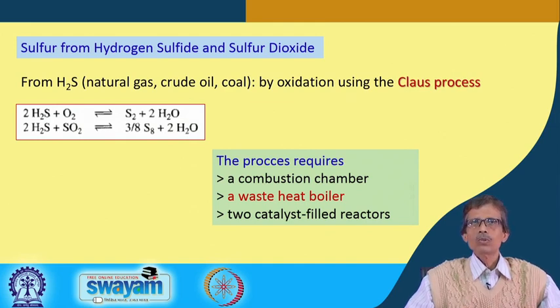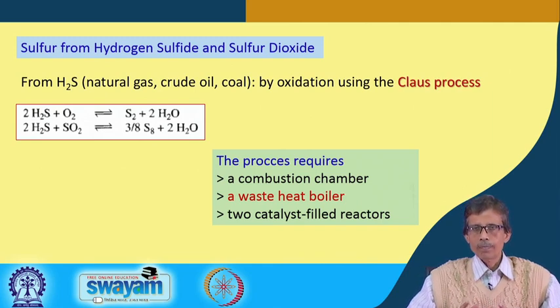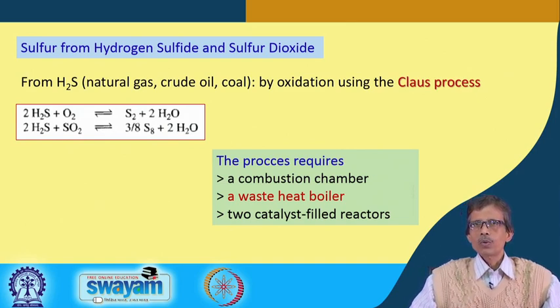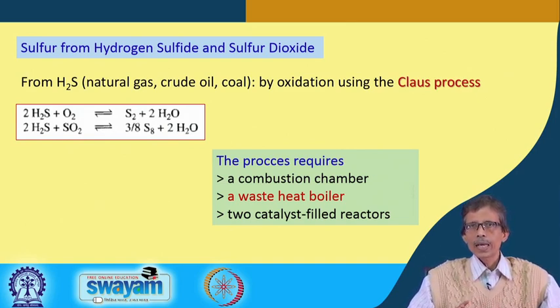We can pass that H2S through a reaction chamber where it will be oxidized simply by air or the O2 present in air. So, a simple oxidation chamber through which H2S can pass will convert the entire H2S to elemental sulfur.